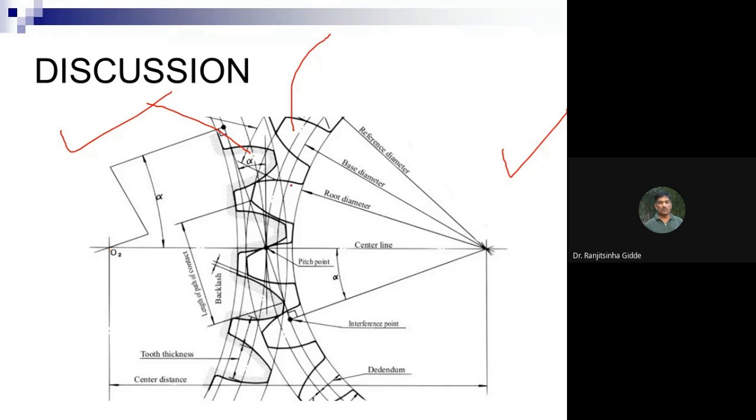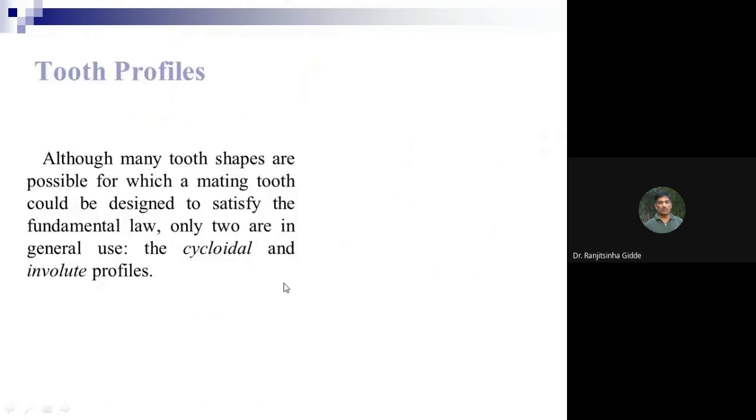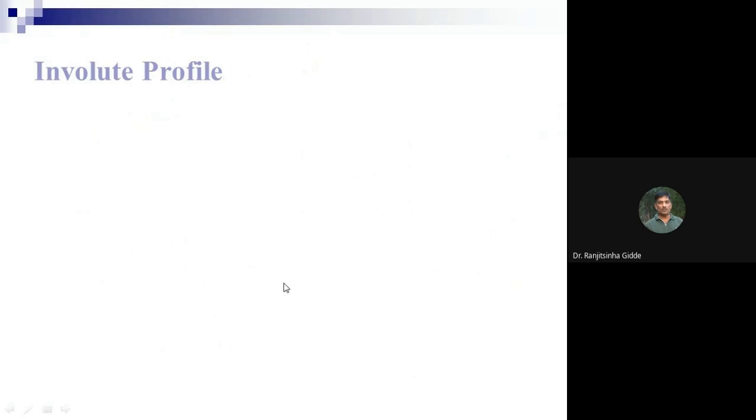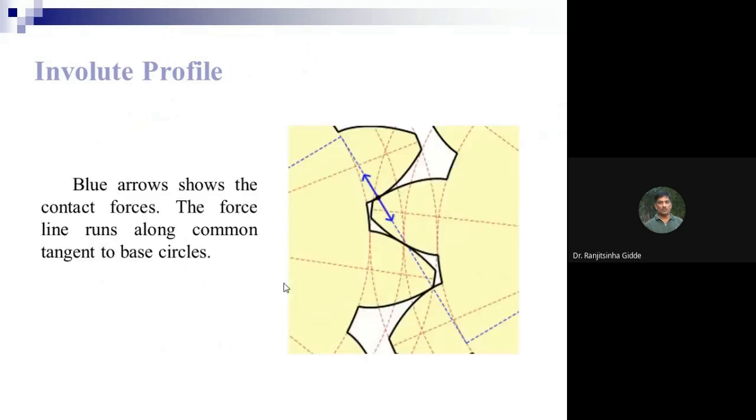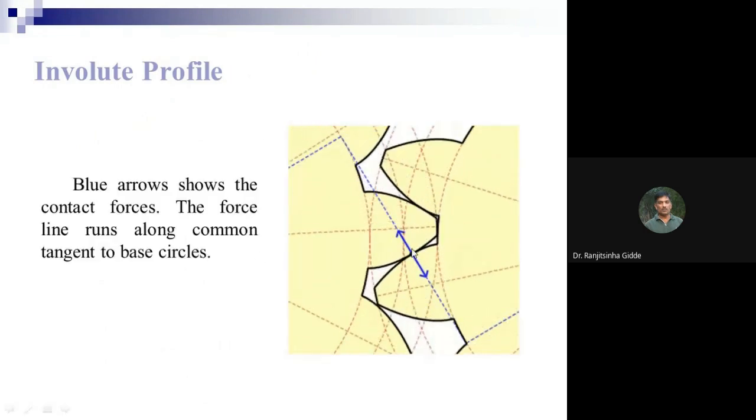Okay, now these two teeth have to mesh to transmit power from one shaft to the other. Here it is one shaft, here it is another shaft, right? And this way we have seen that power is transmitting.